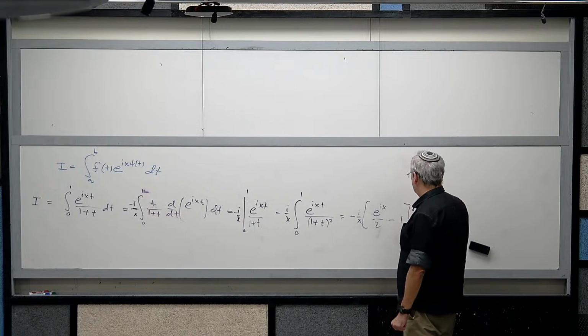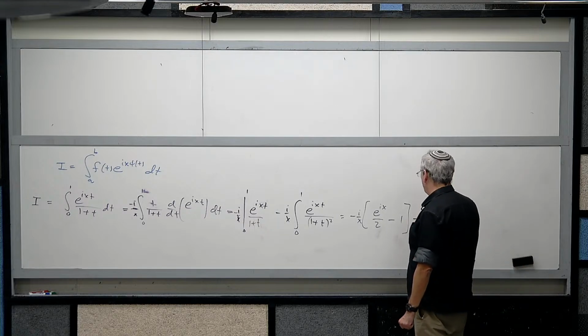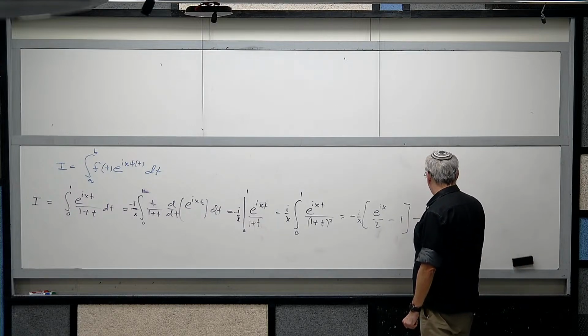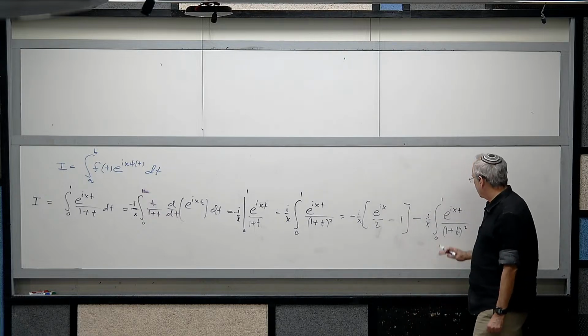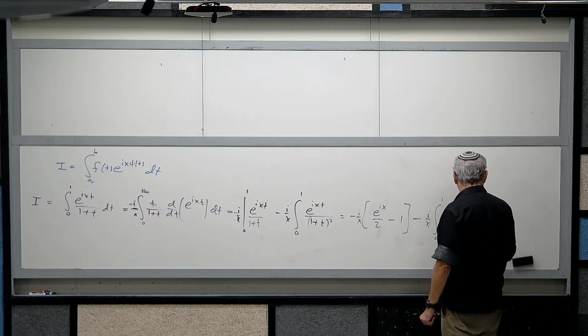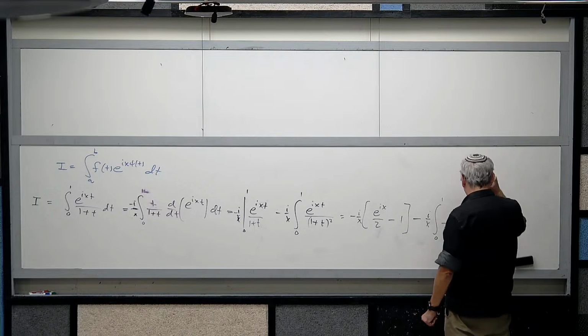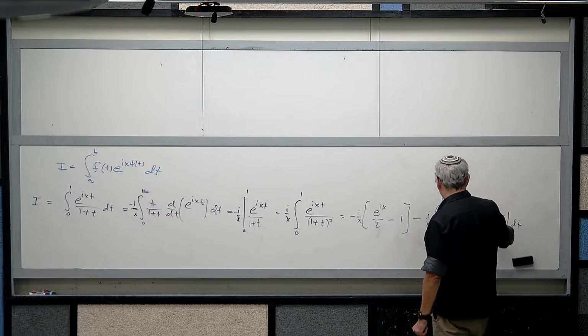So this is our first approximation, and now we have minus I over x integral from 0 to 1 of e to the I x t divided by 1 plus t squared dt, divided by I x. So the I goes away and I have an x squared.